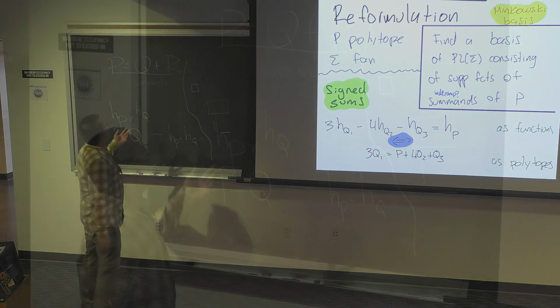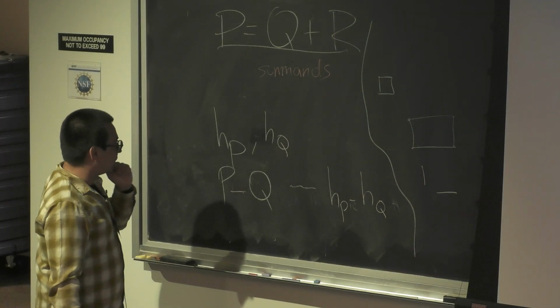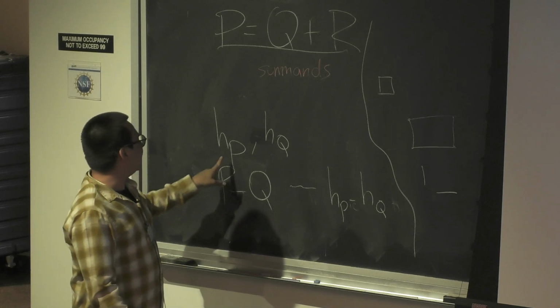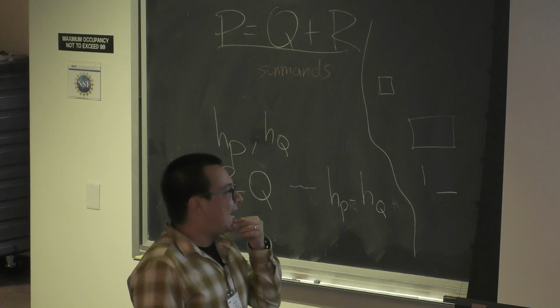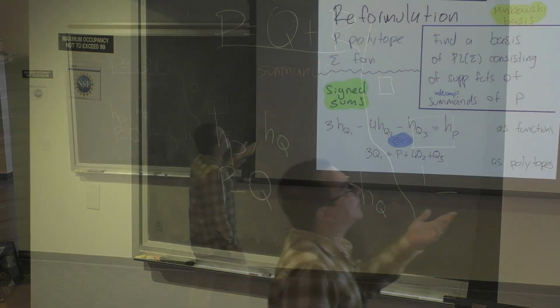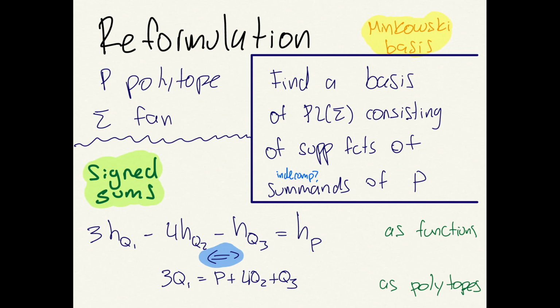Okay, so I wanted to do this, but then I started talking about support functions, and I want to decompose the support function h_P as a sum of two other functions. How can we do that? I have P, my polytope, sigma the fan, and really what I want, and not just doing it 2 times, is for this decomposition to be full of indecomposable polytopes.